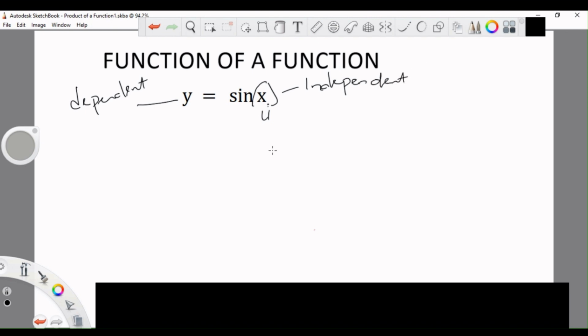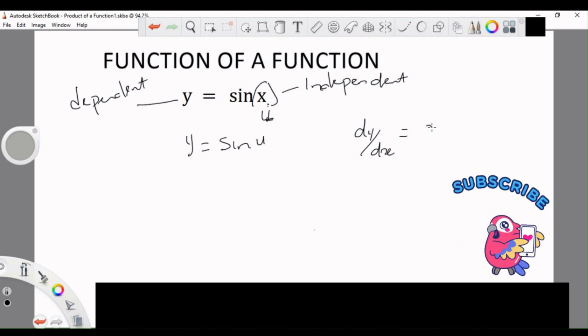So the first thing we do is to assign u to the independent variable, and therefore we now have y equal to what? Sine u. All right. So to do this now, we differentiate the first function that will give us dy/dx. So what we'll do next is to differentiate y equals sine u.